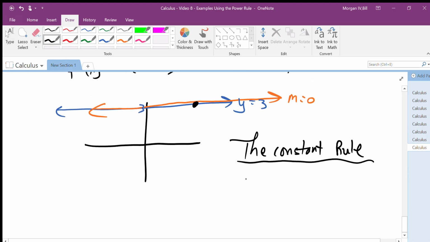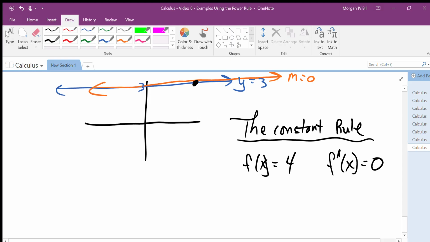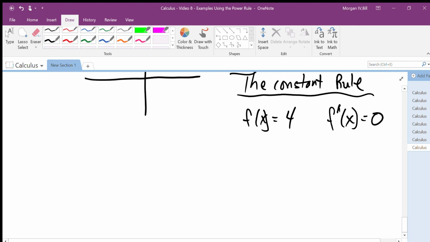So if your function is just a number, like 4, the derivative of it, f prime of x, is always 0. Because the slope of the tangent line for any horizontal line, right, f of x equals 4 is a horizontal line at 4, the slope of that tangent line is always 0. We can go back to the limit definition if you want.